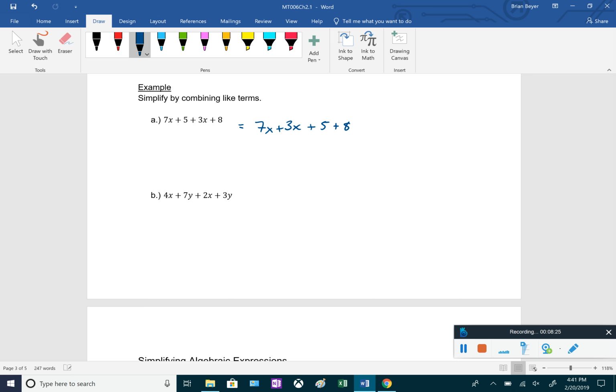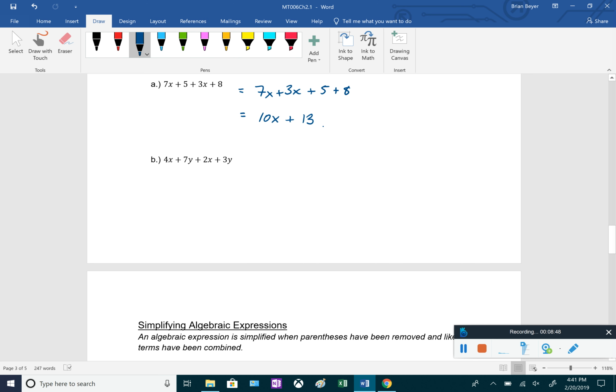We can rearrange that based on the commutative and associative properties of addition. Once we have it like this, 7x plus 3x are like terms, that gives us 10x. 5 plus 8 gives us 13. So we combined like terms and got 10x plus 13.